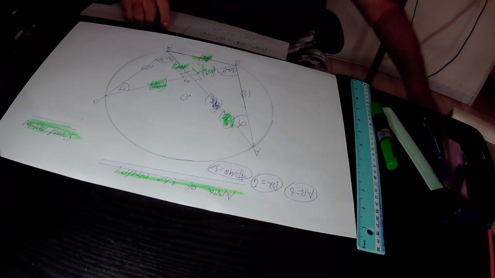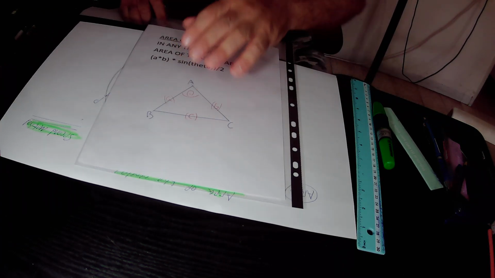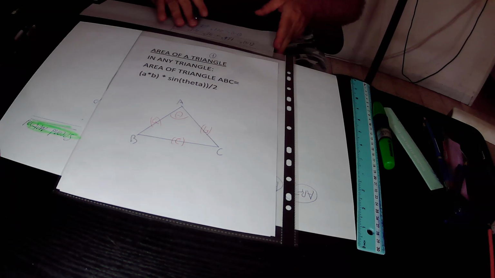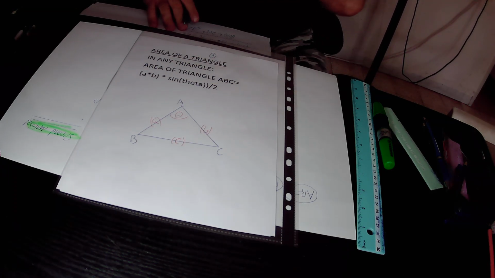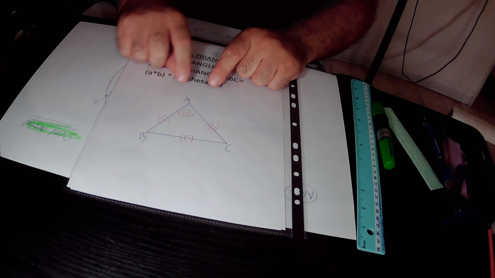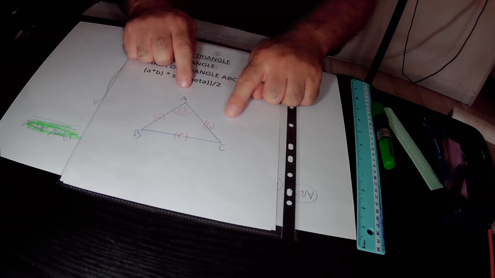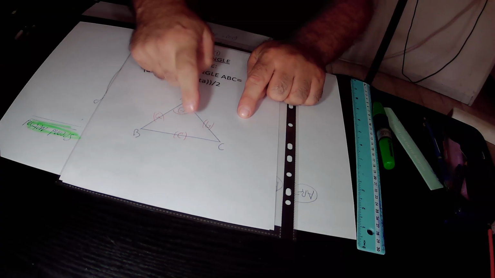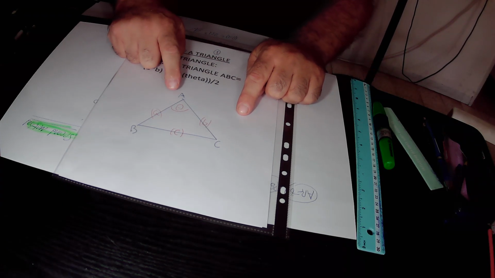In the second method, this is triangle ABC. That could be any triangle. Side AB of triangle ABC equals A units in length. Side AC equals B units in length. Side BC equals C units in length. This is angle theta.